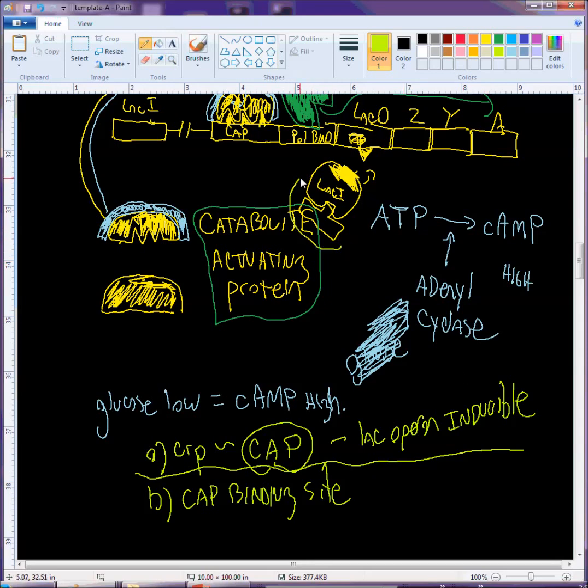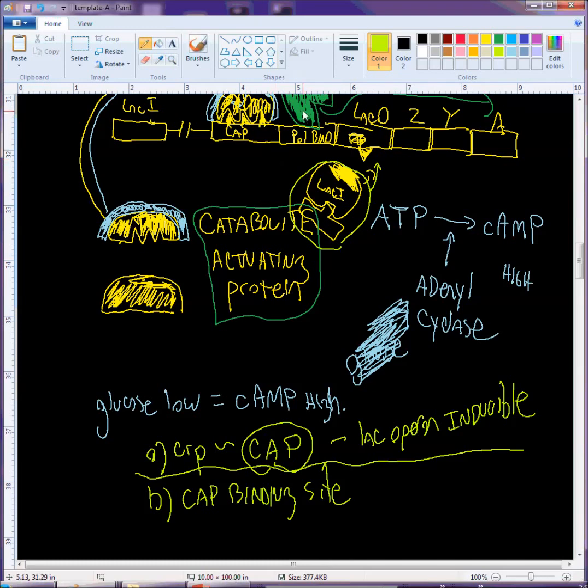Lactose is going to bind to the LacI repressor, and the LacI repressor is not going to be able to bind to the operator, so RNA polymerase is going to be able to transcribe the operon. It's just not going to be able to transcribe it at the high level it would when CAP was there and CAP was bound.